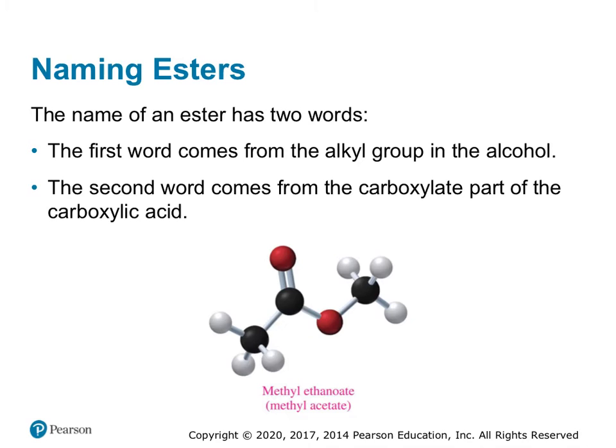The name of an ester has 2 parts. The first word is the alkyl group from the alcohol, so this part coming from the alcohol. And the second part is what was the carboxylic acid part.